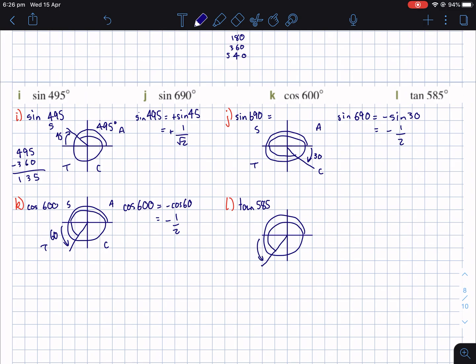So this is 45 here. SATC, it's positive. So tan 585 is positive tan 45, which means we've got positive 1 on 1. So it's 1. Yeah, you could have definitely chucked that in your calculator.